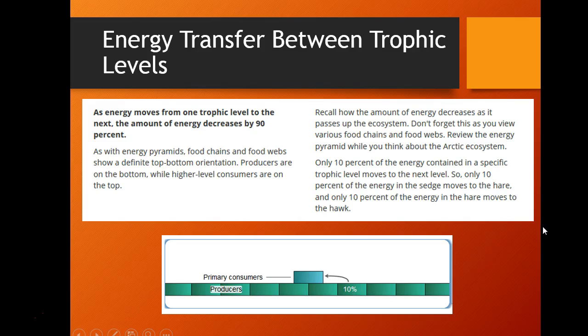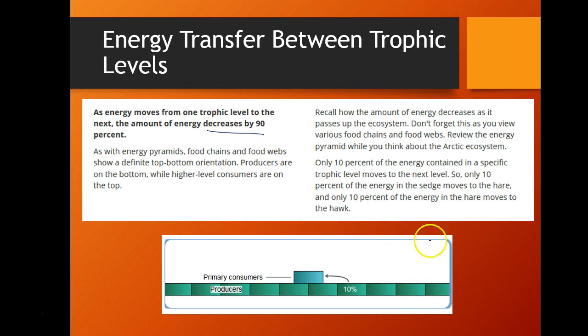So we talked about how energy transfers from one trophic level to the next. So it goes from the bottom trophic level, which is the producers, to the top, which would be the tertiary consumers. As energy moves from one trophic level to the next, the amount of energy actually decreases by 90%.